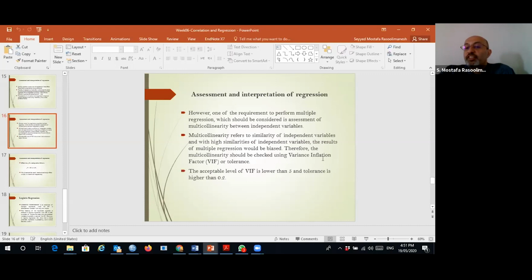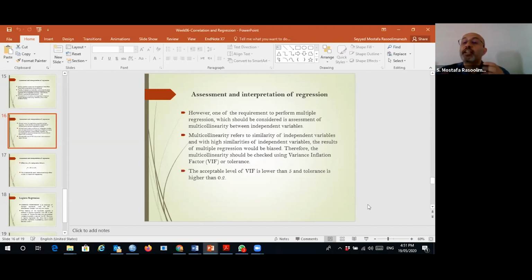This multicollinearity VIF shows the similarity between two variables, and it should be lower than 5 to be acceptable. Lower than 5 means the similarity of these two variables is not very high. Actually, the similarity between IVs should not be very high.